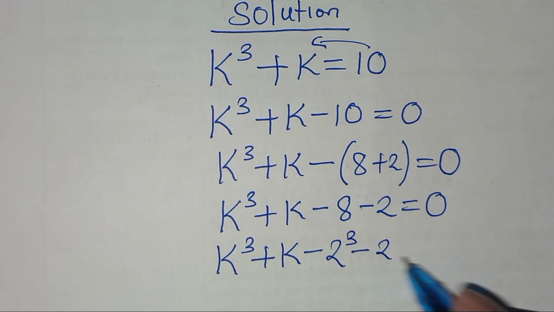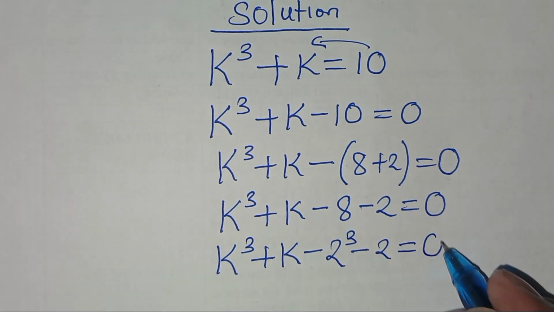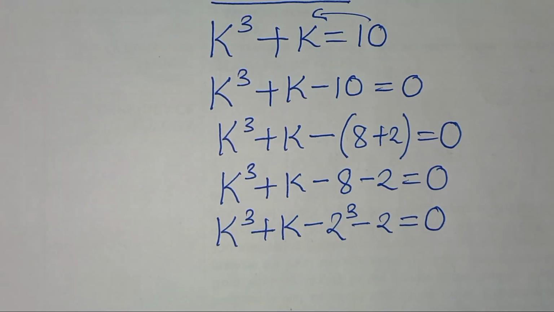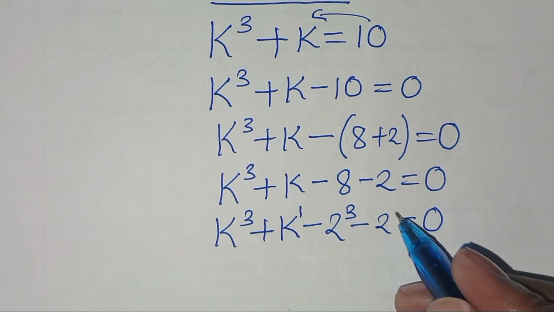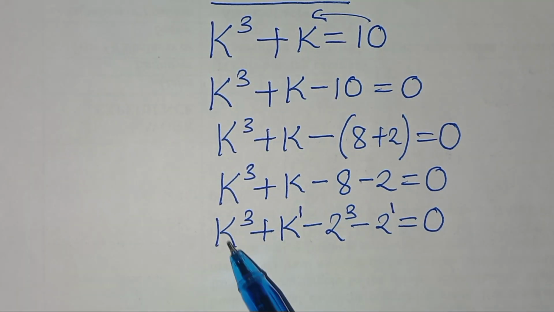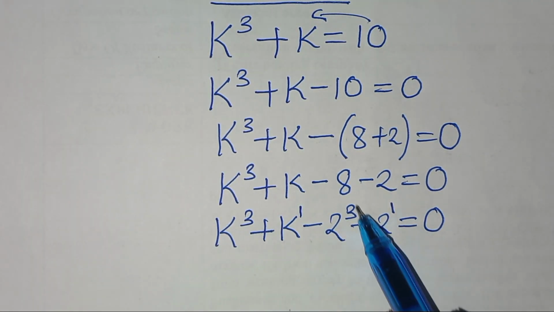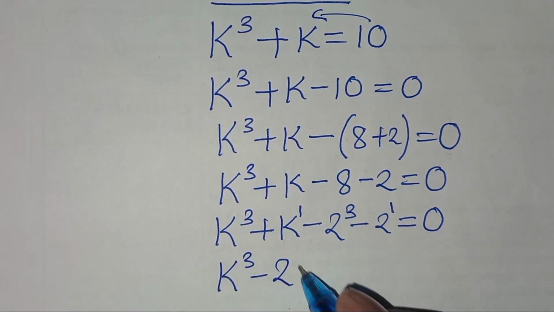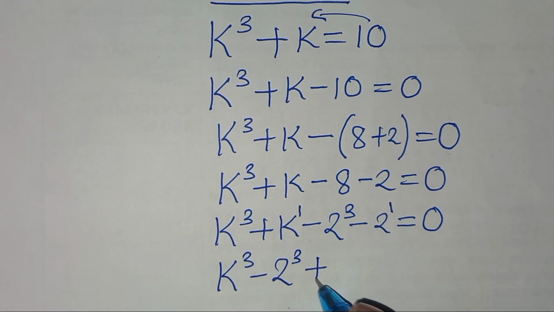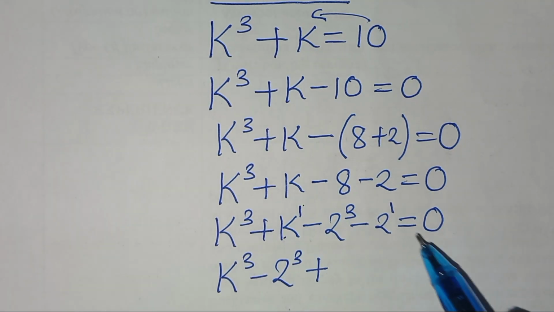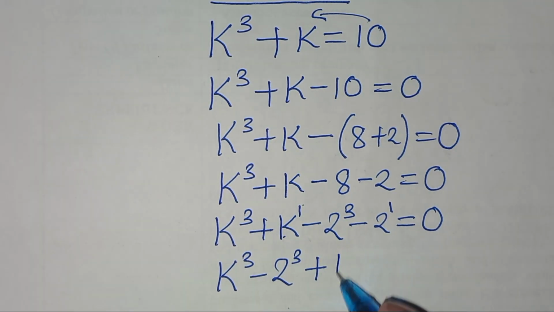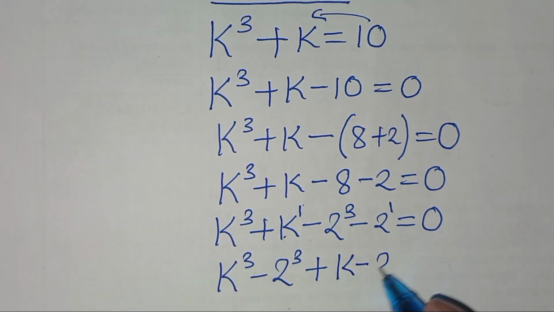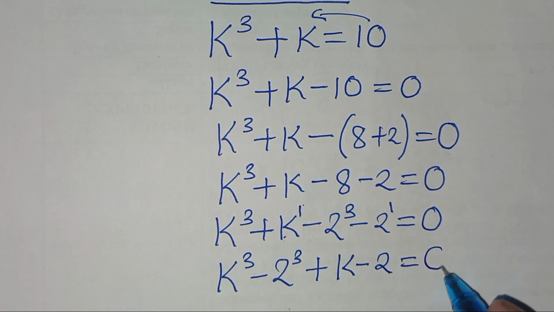So we have k to power 3 subtract 2 to power 3, then plus k to power 1 subtract 2 to power 1, so we can combine: k subtract 2, equal to 0.